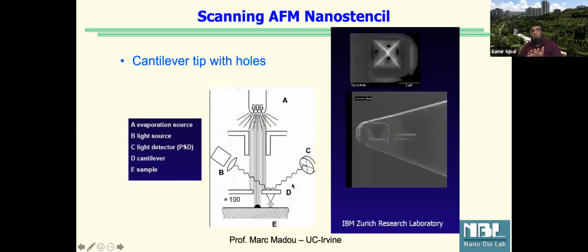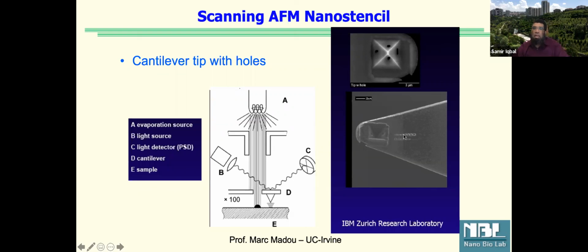And there's another variation, what they call nano stencil, where, if you look at this, this is the concept I was saying, the jumping board, and there's a tip at the bottom. In that tip, they have created holes so they can detect not just the position, but they can shine light through those precise openings on that tip.